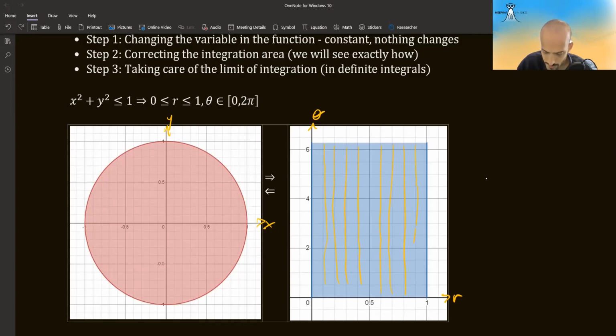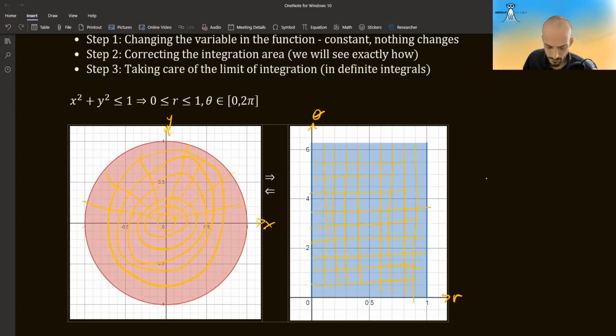What do they correspond to in xy? Well, they correspond to circles here. What do these divisions in theta correspond to? Well, they correspond to different angles here.